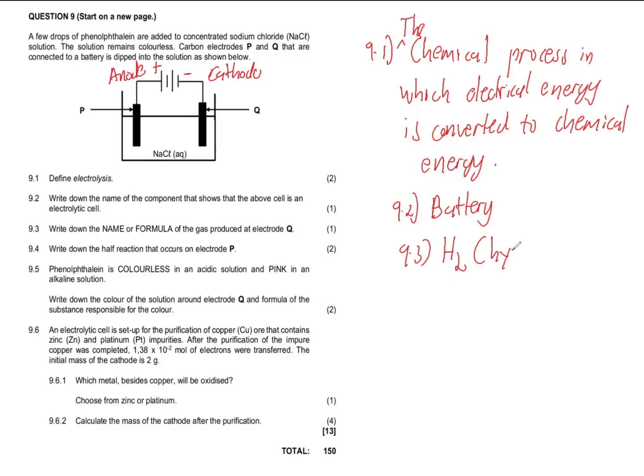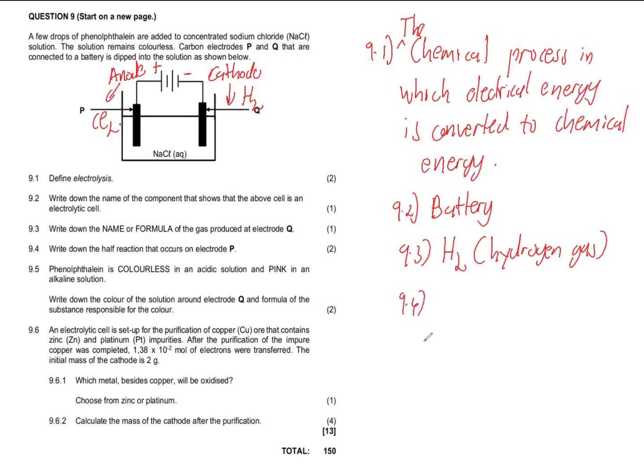Always remember that with electrolysis of concentrated sodium chloride, in the cathode we have hydrogen gas, in the anode we have chlorine gas. That's something you must always remember.